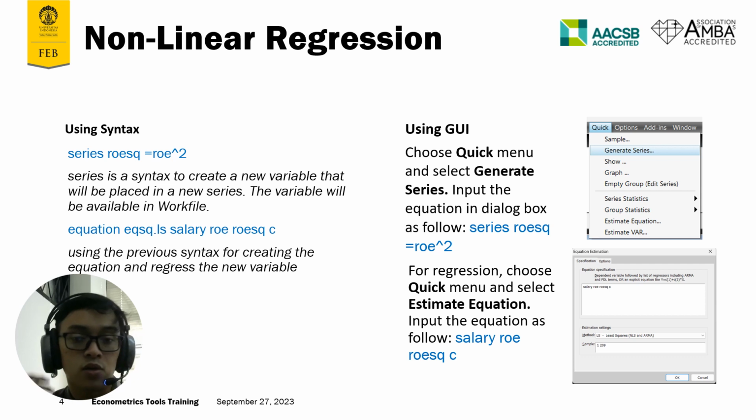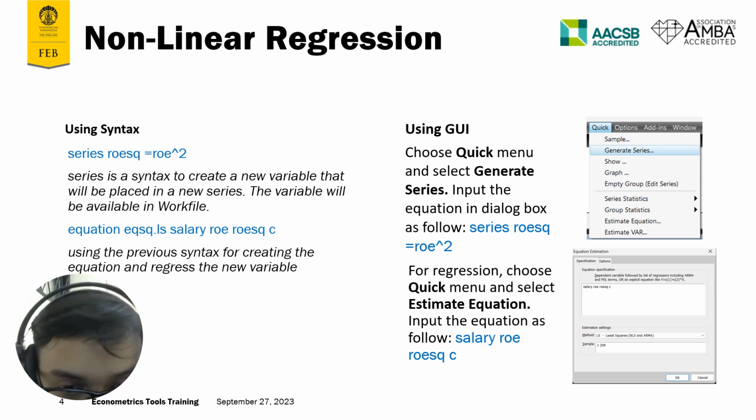Series is something you can use to create a new variable, which can be defined by you using the syntax. So here we just ask EViews to create a new series, which consists of ROASQ equal to ROA multiplied by itself, which is ROA squared.